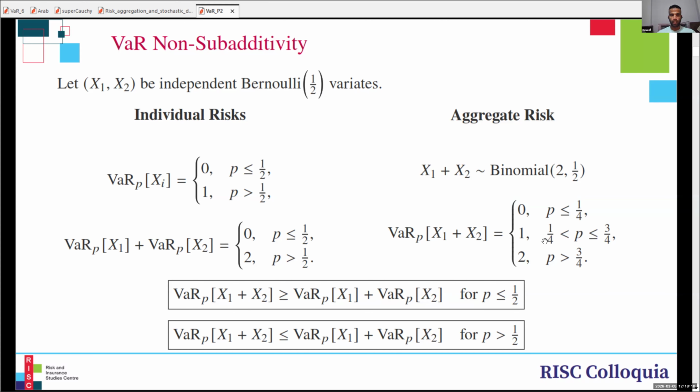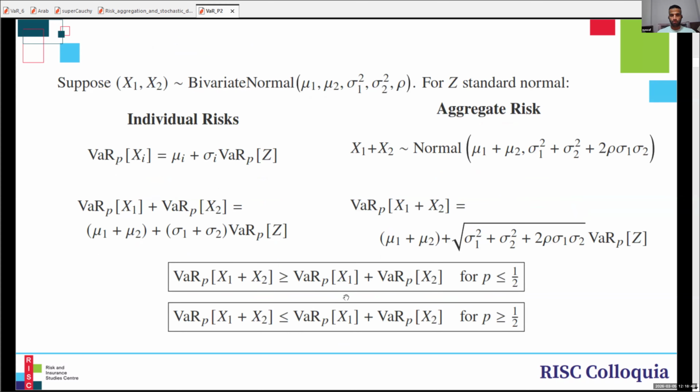Now, when we have p greater than half and less than or equal to 3/4, the VaR of the sum is still 1. However, the sum of the VaRs is 2. So now the sum of the VaRs exceeds the VaR of the sum. And finally, when p is greater than 3/4, both of them are 2, and that is equality.